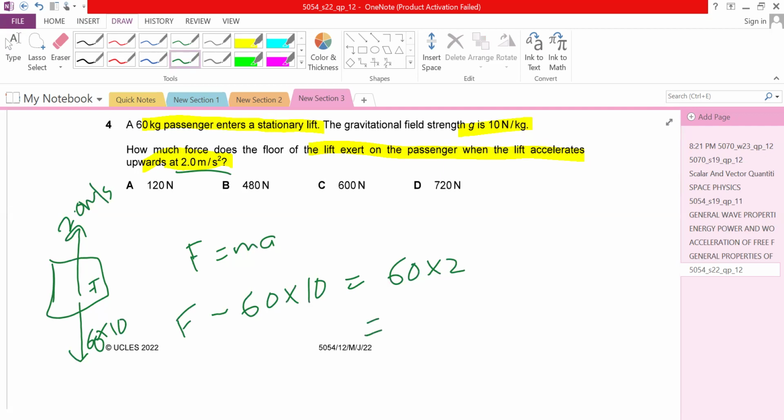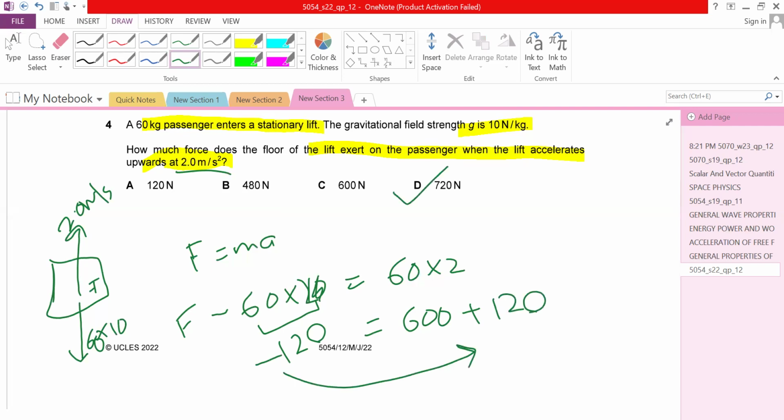So 60 into 2 is 120, and the 120 moves across as plus 120 on the other side, so it will be 600 plus 120. So it will be option D, 720 newtons.